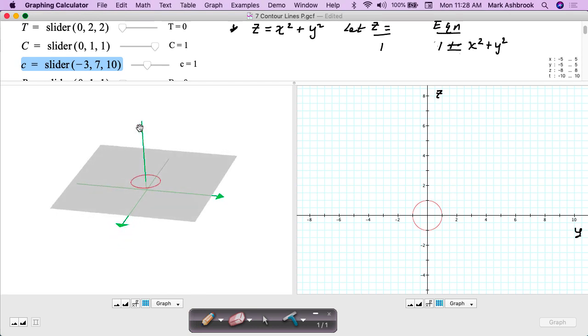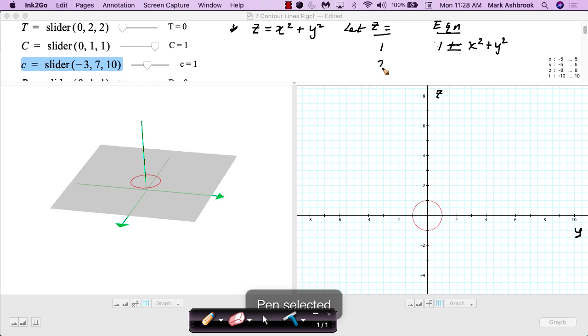Z equals 2. All right, and what'd you get for that? Tell me about that. Okay. Is it radius root 2? Radius root 2, right?